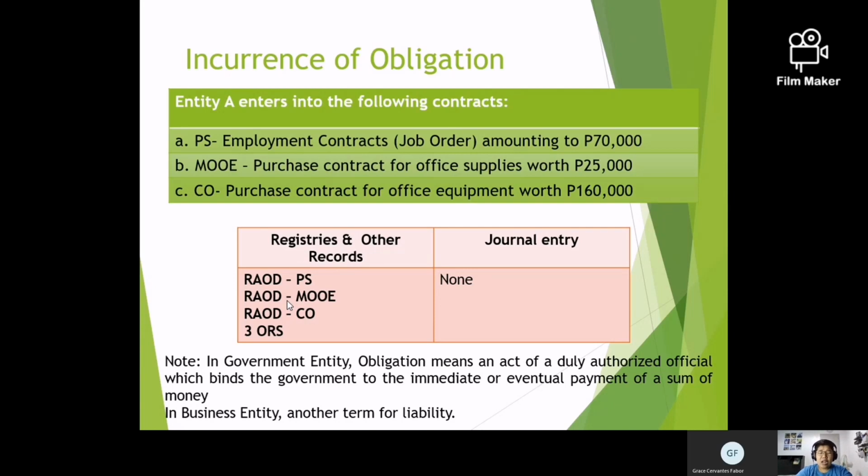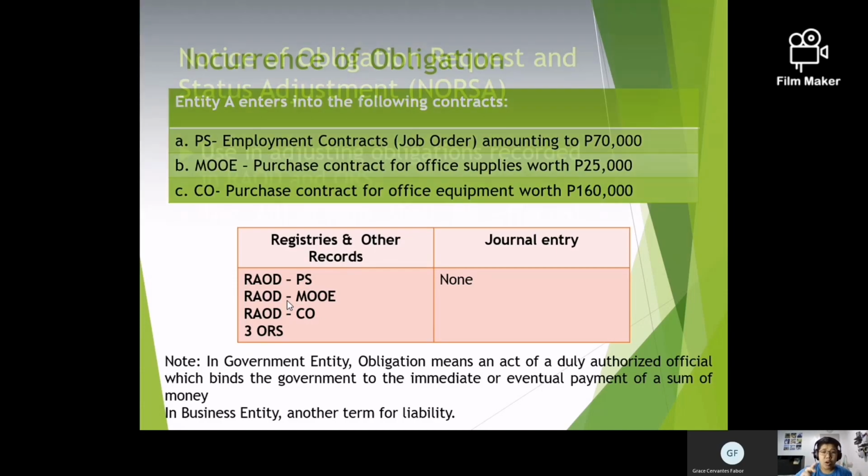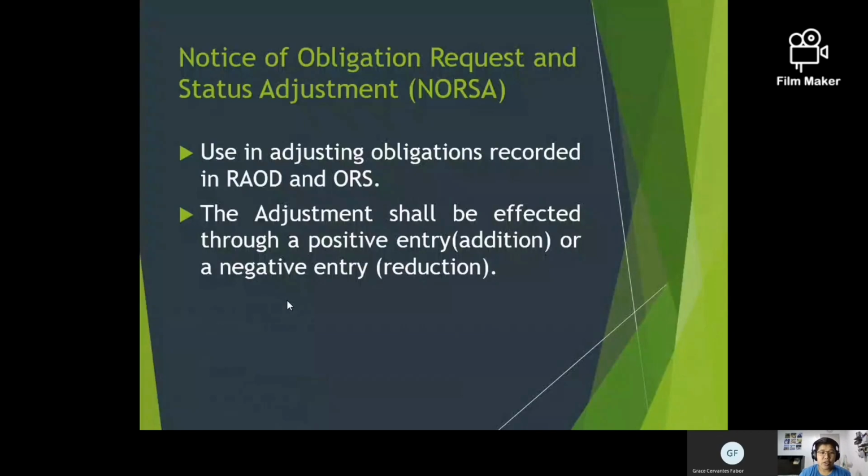How about naman, kunyari, ma'am, may nagkamali po yung na-update ko doon sa RAOD at saka sa ORS. You are to use the what we call NORSA or the Notice of Obligation Request and Status Adjustment. It is also a form to adjust. Okay? It is used in adjusting obligations recorded in RAOD and ORS.